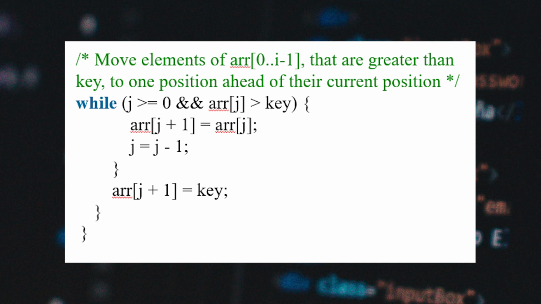Then in this while loop we have to perform this comparison, and when the while loop ends, array[j+1] is initialized with the temporary variable key, because in every phase we are storing one element in key.